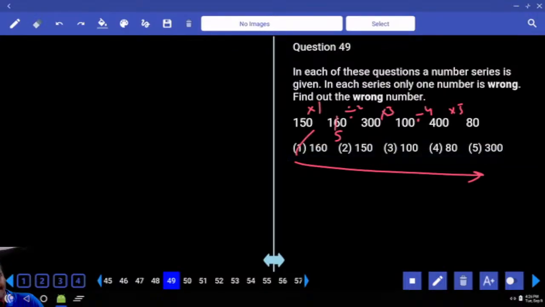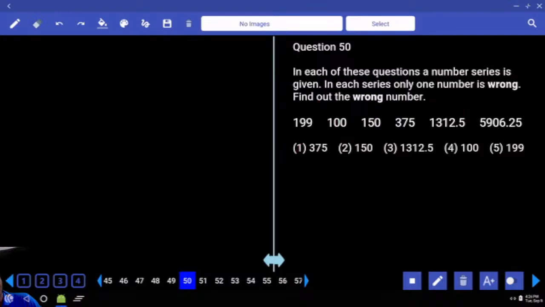Choice 1. Then for 50. Now 199 and 100. Tell me what is your answer here? 199 into 100. Then 150 and 100, 150 it is into 1.5.